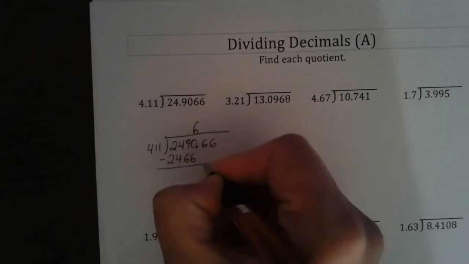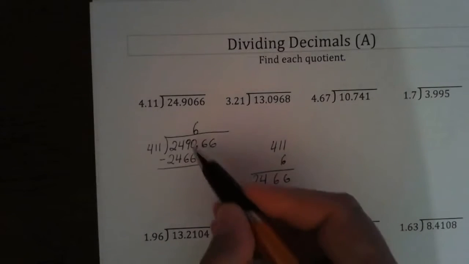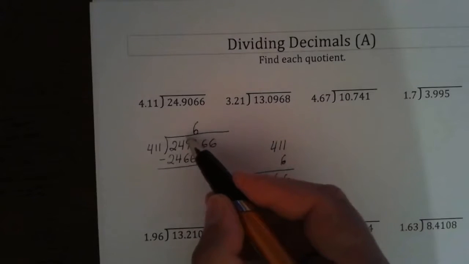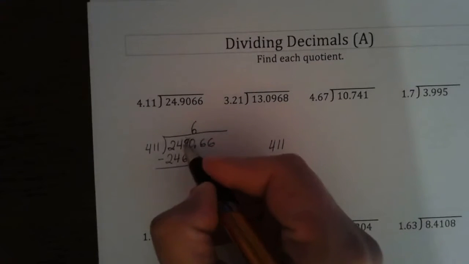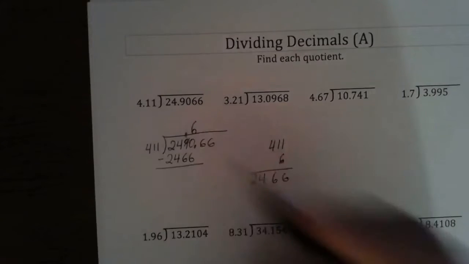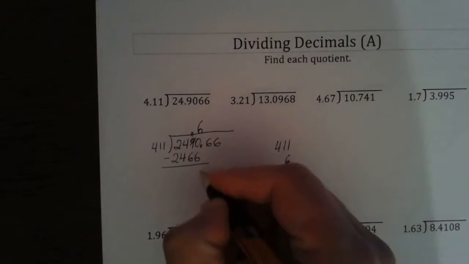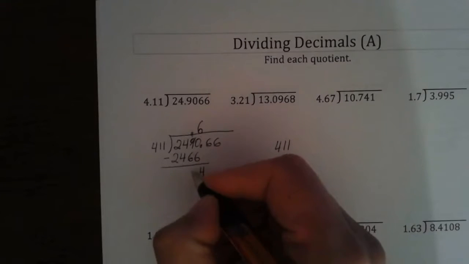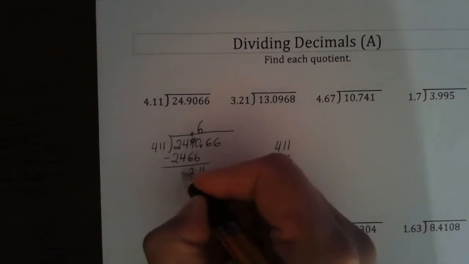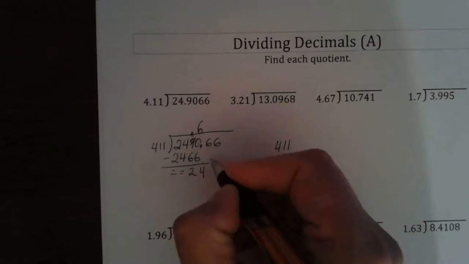I'm going to subtract. Okay, I can't subtract here, so that's 10, and that will be 8. 8 minus 6 is 2. Okay, nothing there. I'll bring 6 down.